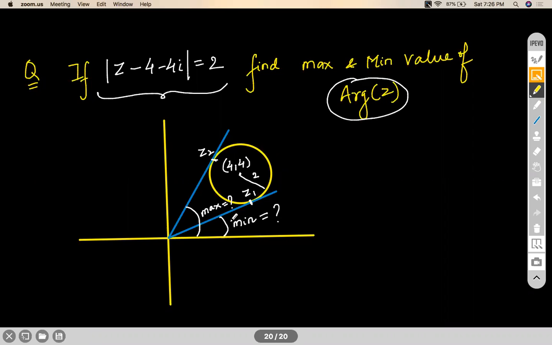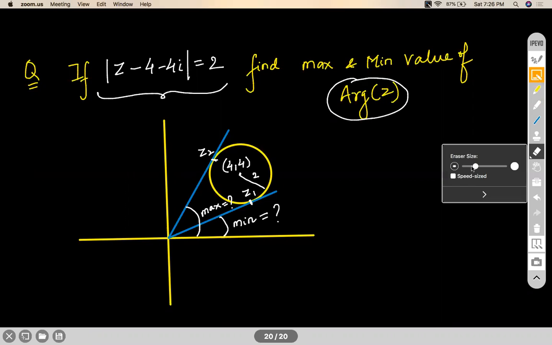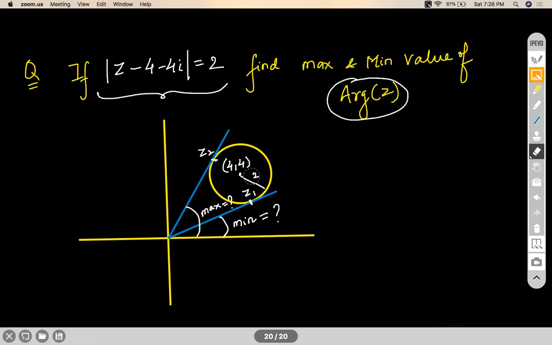Okay, it's very easy to do. If you make a right angle triangle over here, let all of you please pay attention. If I just connect a right angle triangle over here, this is 2, and this is 4 root 2, right? So what is this angle?